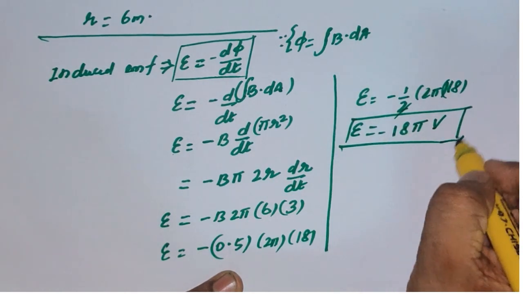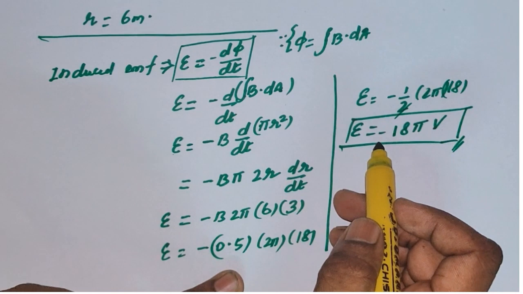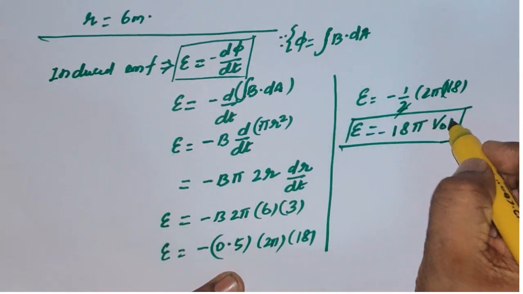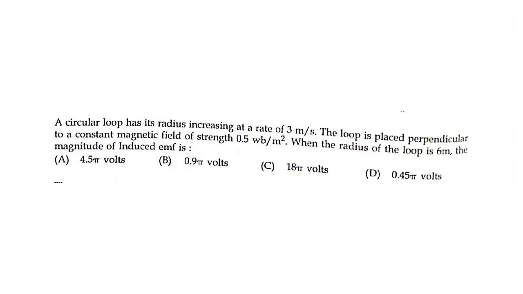The negative sign shows it opposes whatever change is caused externally, which is the meaning of Lenz's law. So 18 pi volts is the answer for this question. From the calculation, we got 18 pi volt. Option C is the right answer.